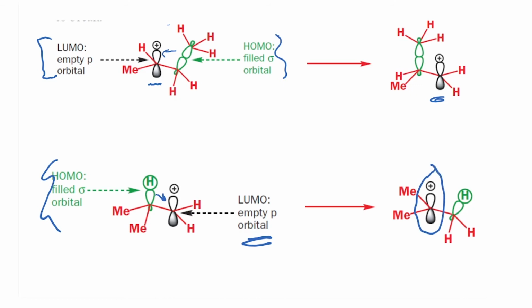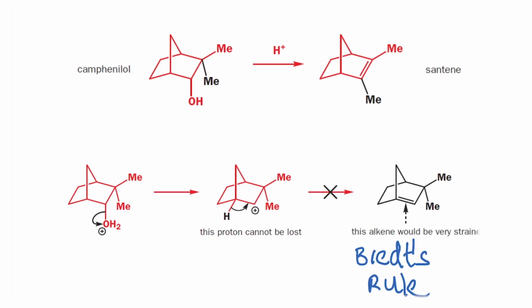Okay, so this is how we understand the migration of groups to form different carbocations. Now when we look at the example that we're looking at, I want to remind you of a rule which we have studied previously, which is called Bredt's rule.